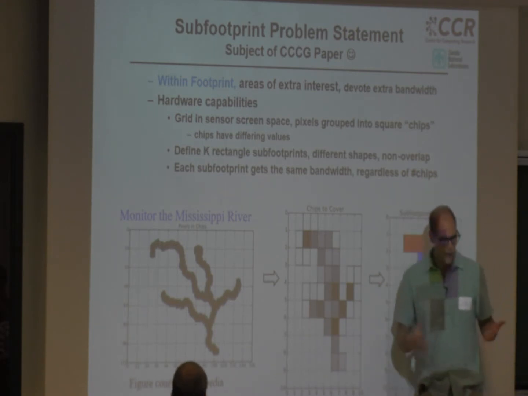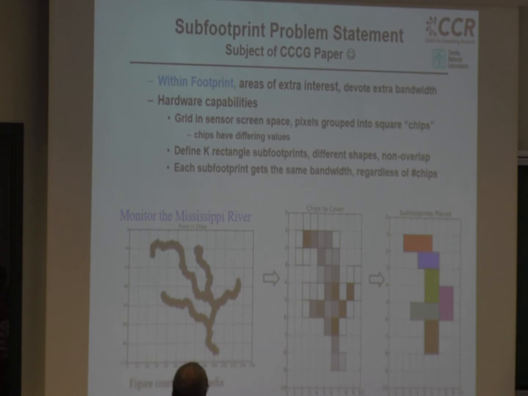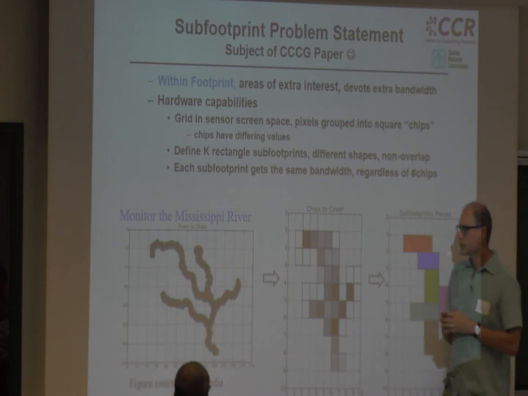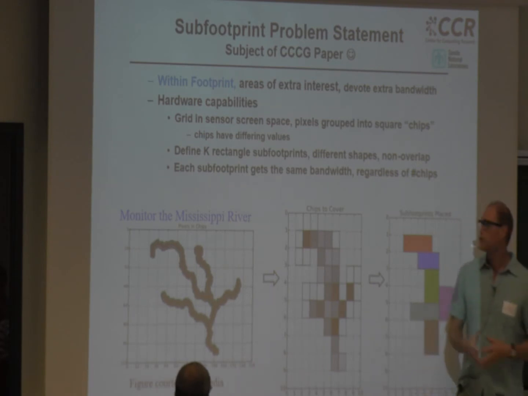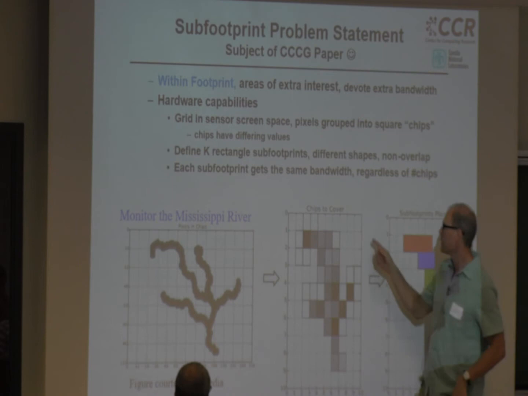And the way the hardware on these things is typically done is the pixels are grouped into chips. I imagine there's an actual hardware chip in there that captures a set of pixels, but I don't know for sure. And so you get to devote extra bandwidth to some of these chips, and so that's great.